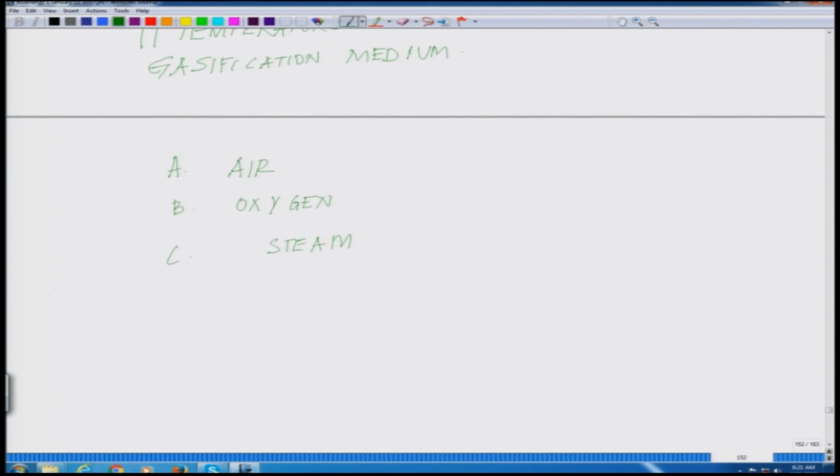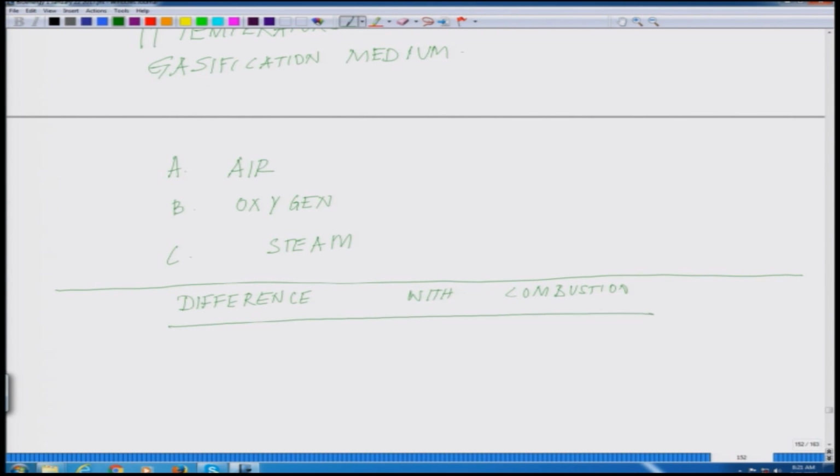Okay. Now, let us talk about the basic difference with combustion. We will just do a one step comparison.